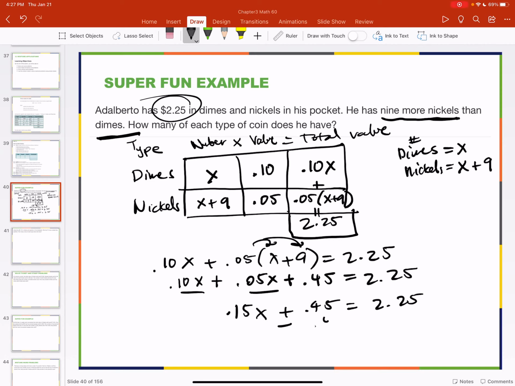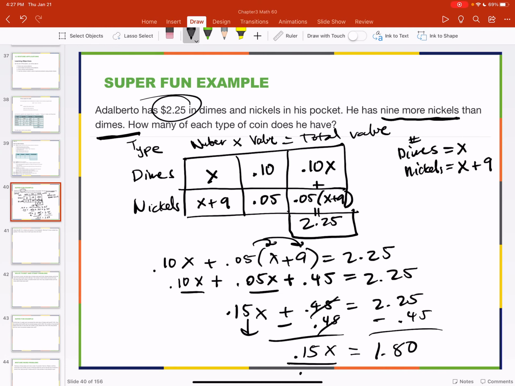We subtract 0.45 from both sides, so 0.15x is equal to $1.80. Then divide both sides by 0.15, and you get x equals 12. That's the number of dimes, so there are 12 dimes.